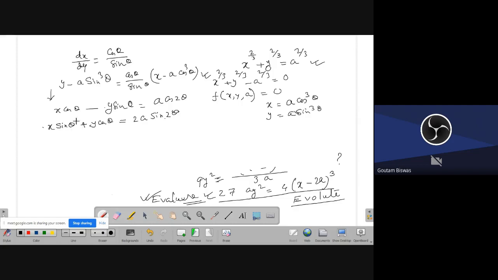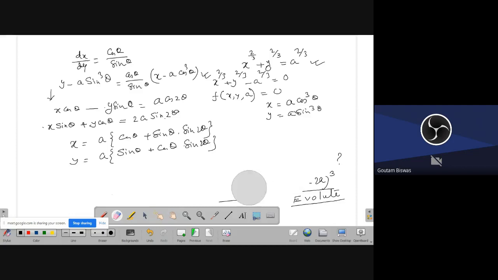So x will be given as a bracket cos theta plus sin theta into sin twice theta, and y is equal to a sin theta plus cos theta into sin twice theta. So we get x plus y and x minus y like this.